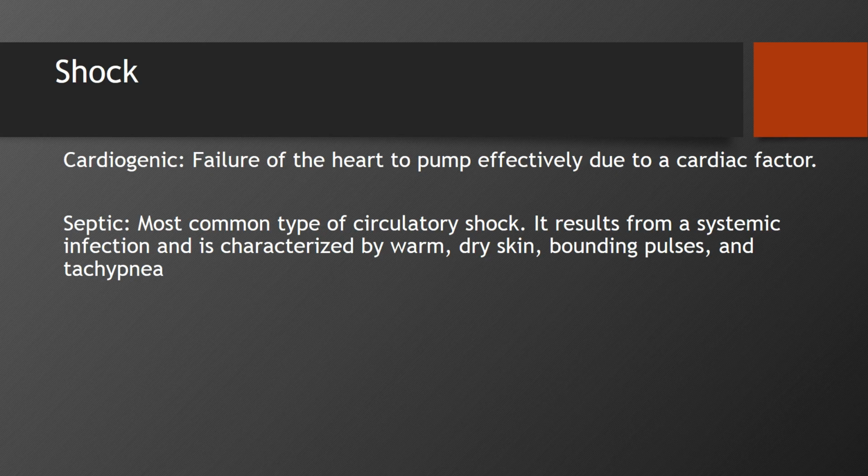So this could be things like a myocardial infarction, okay? Especially if someone has had an anterior myocardial infarction, they are at high risk for cardiogenic shock because the left ventricle is right there anteriorly.